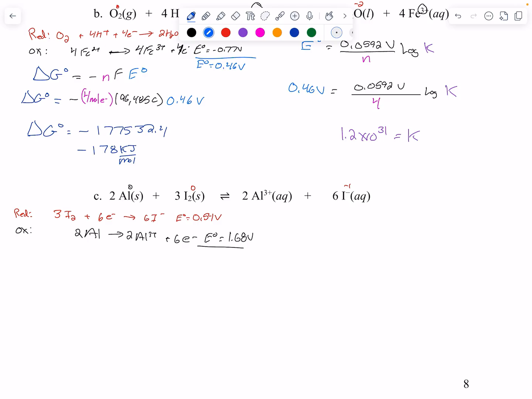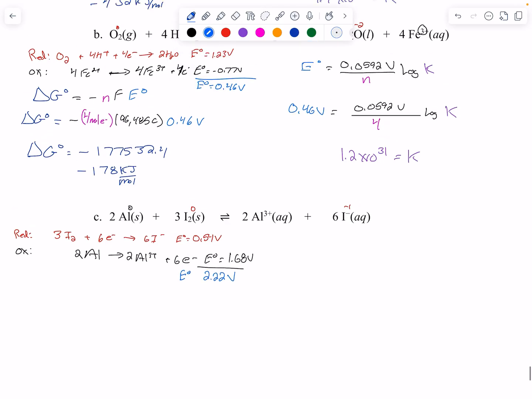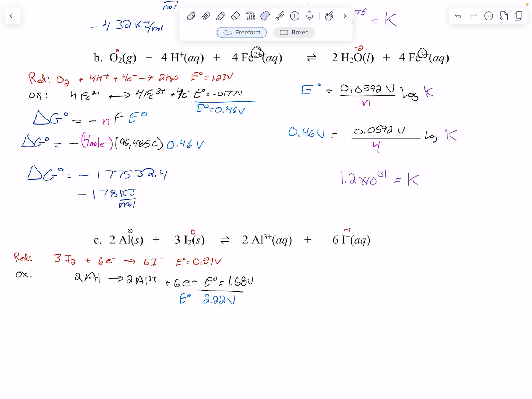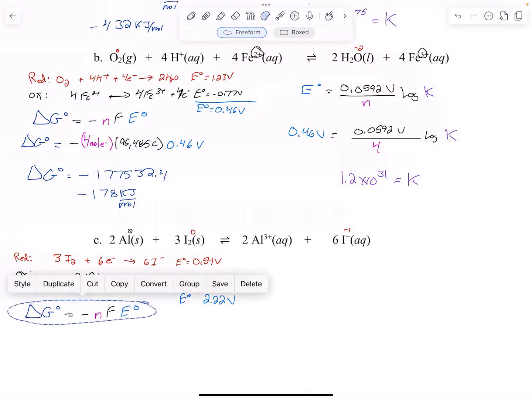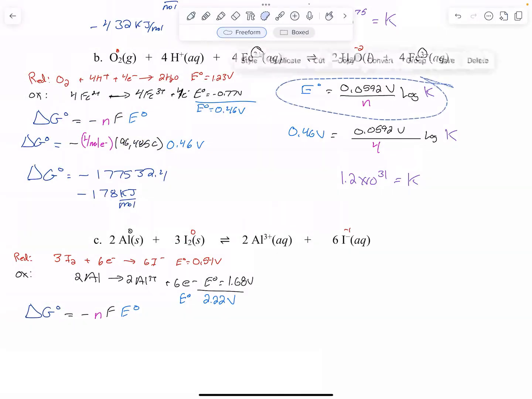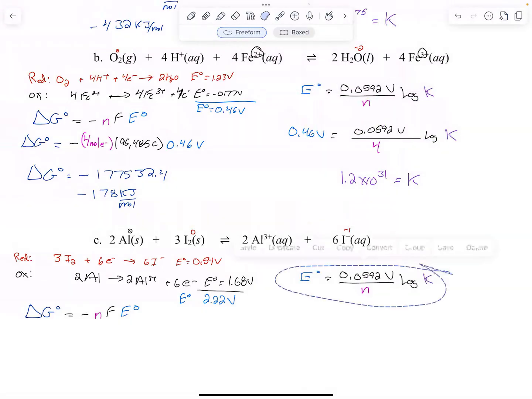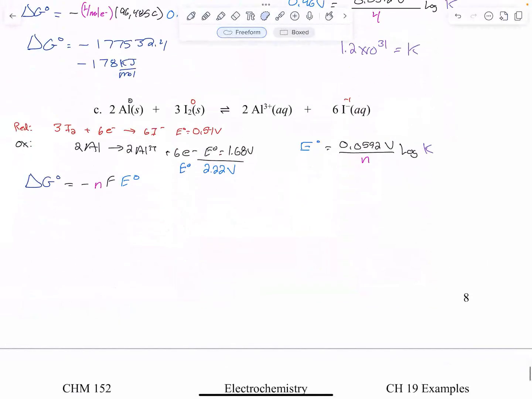So if we add those up, 0.54 and 1.68, we get 2.22. And again, we're using this formula and this formula.